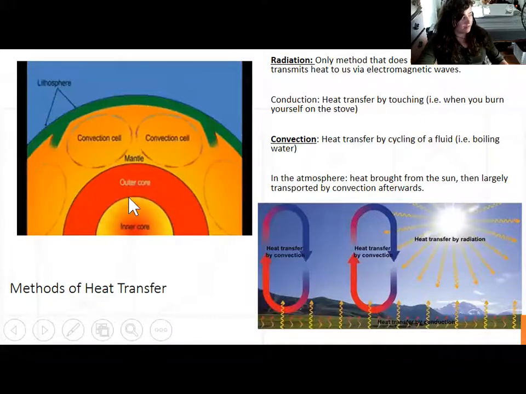In the interior of the Earth, mantle material is warmed by the hot outer core near the bottom of the mantle, and then it rises, and then it gets cooled by contact with the crust, and it falls down. Cool mantle material falls, warm mantle material rises.